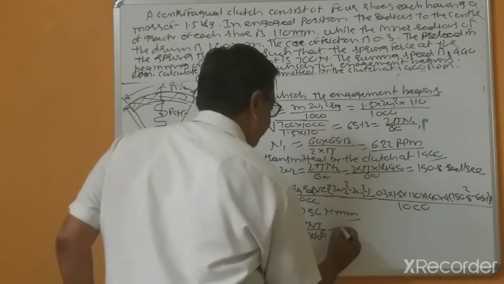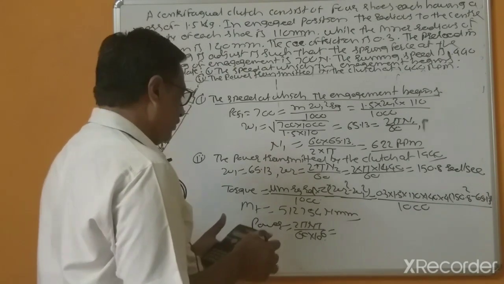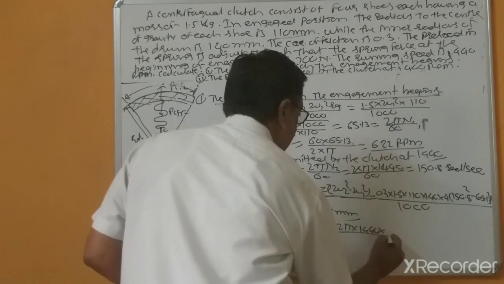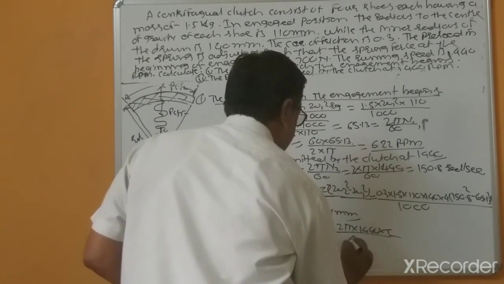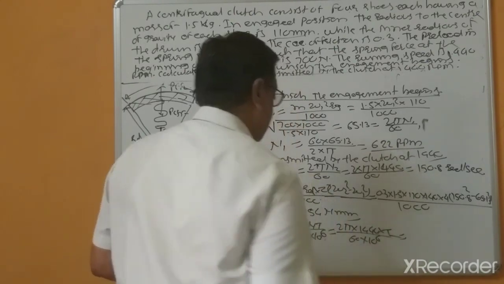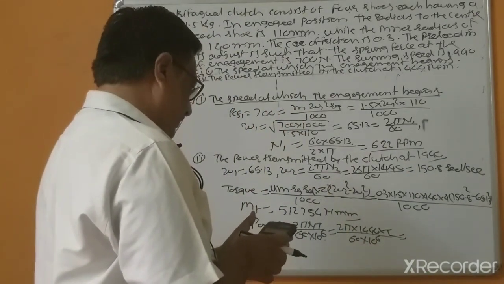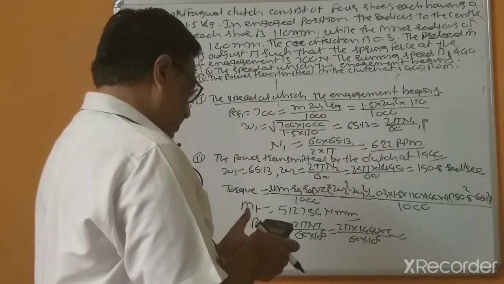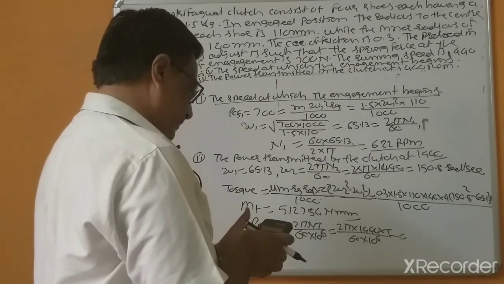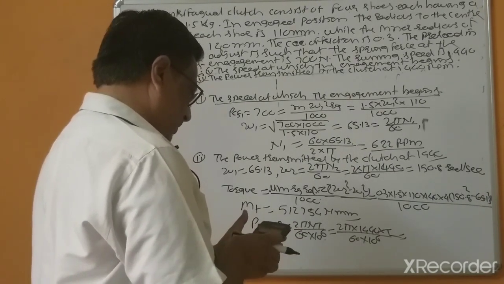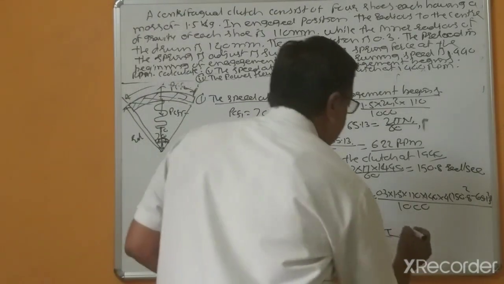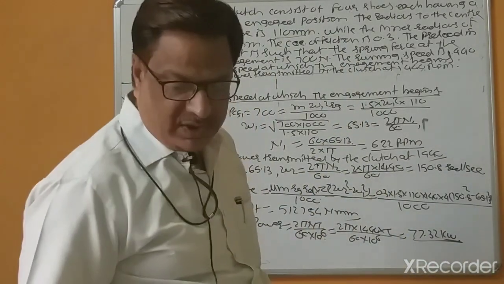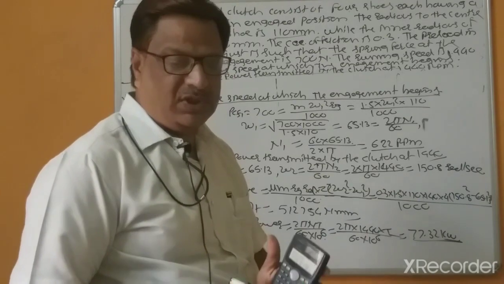With RPM 1440 multiplied by this torque, multiplied by 2 into pi, divided by 60 and 10 to the power 6, this is 77.32 kilowatt. This is the power transmitting capacity of this centrifugal clutch.